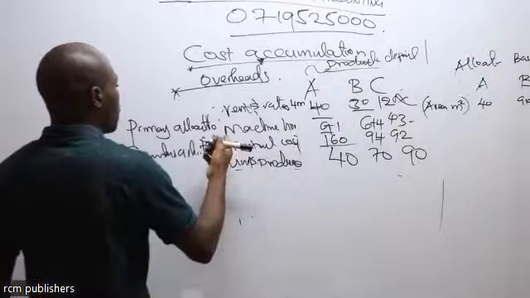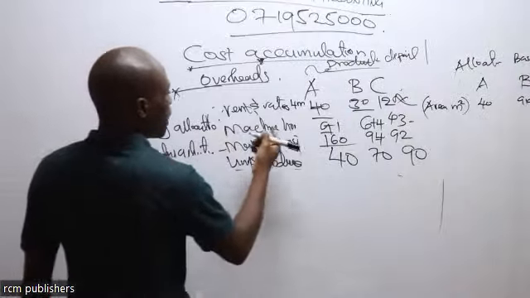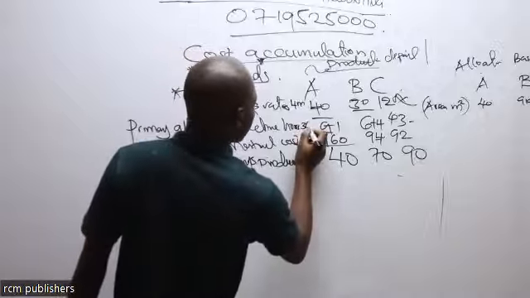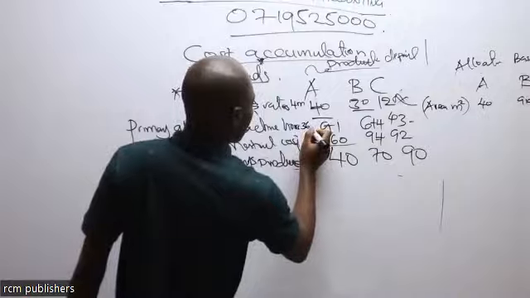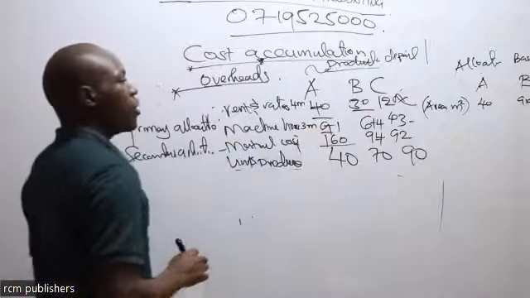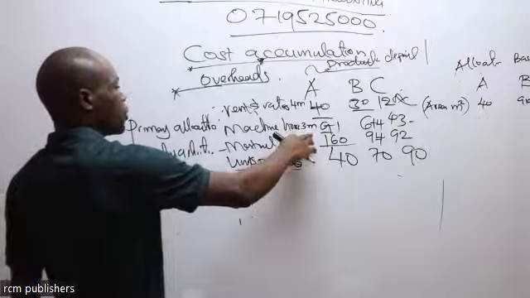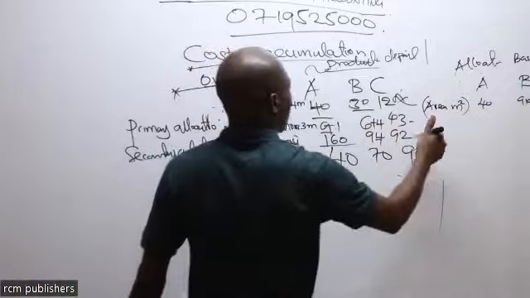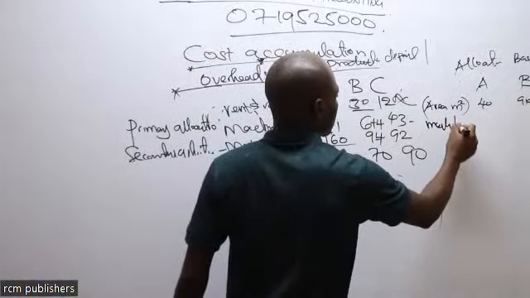The total machine hours here, machine related costs, we are going to have, let's say, 3 million. Now, when you want to distribute these 3 million to the 3 departments, I will just come here. So we have machine hours.